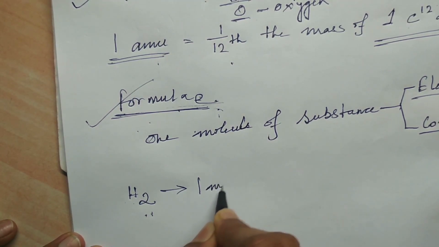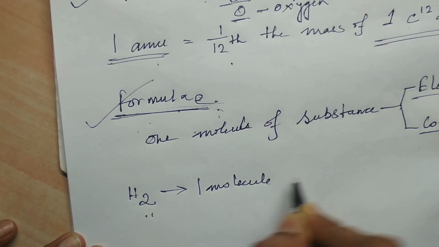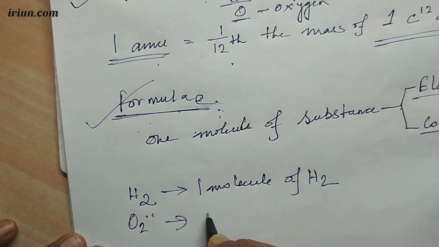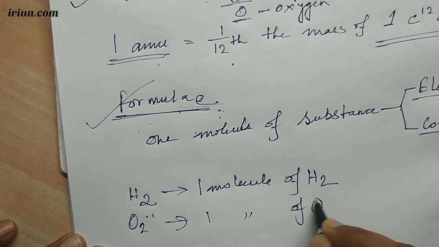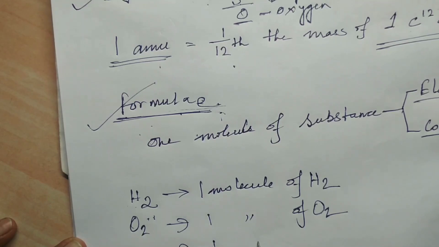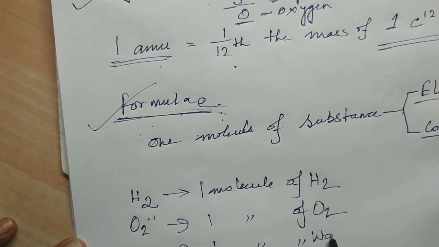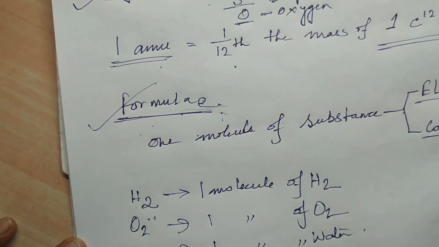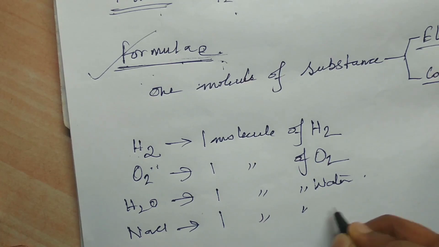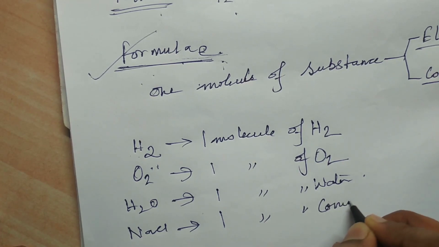One molecule of hydrogen. O2 is one molecule of oxygen. H2O represents one molecule of water. And when I write NaCl, then it is one molecule of common salt.